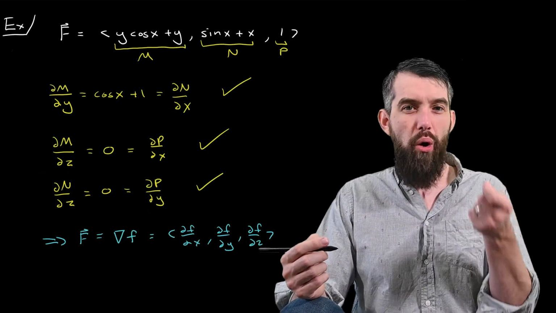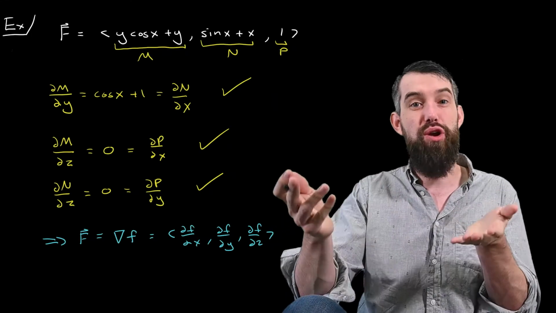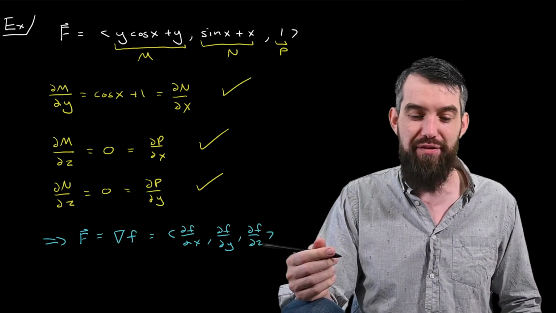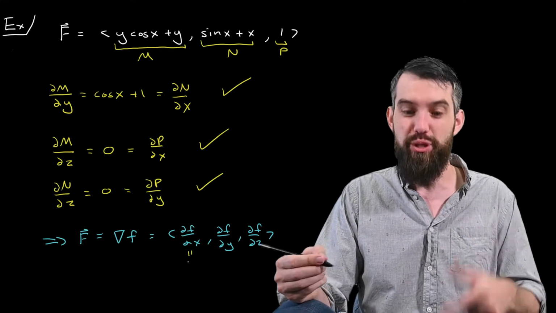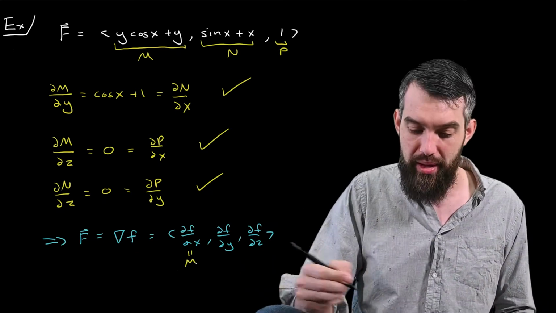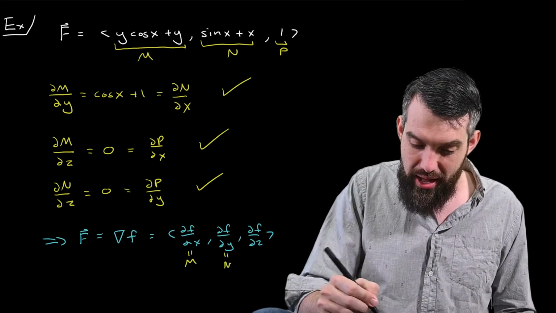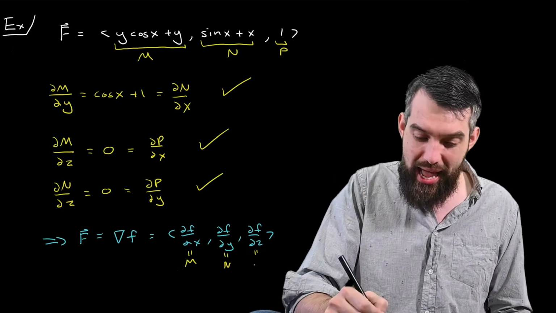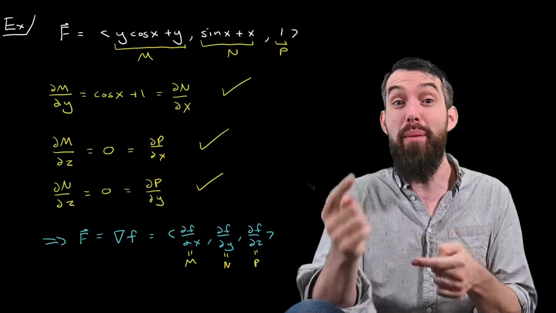But we already have some terminology for the first, second, and third component of my vector field F, namely the M, the N, and the P. So what this means is that the partial derivative of f with respect to x has to be equal to M. The partial derivative of f with respect to y has to be equal to N. And the partial derivative of f with respect to z has to be equal to P. So this is the key hook that I'm going to use to try to come up with my f.